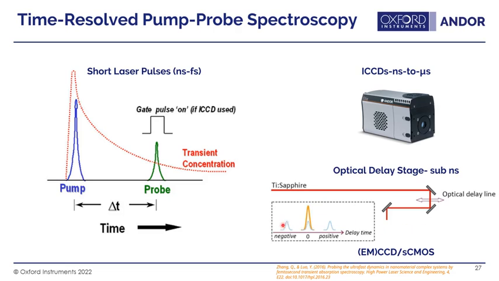So for instance, by making the probe pulse travel a shorter distance to reach the sample, it will arrive before the pump pulse. But if you make it travel a longer distance to reach the sample, it will arrive after the pump pulse arrives, and that's how to get time resolution. Detectors in these experiments can be traditional CCDs, EMCCDs, sCMOS detectors, or sometimes even point detectors.